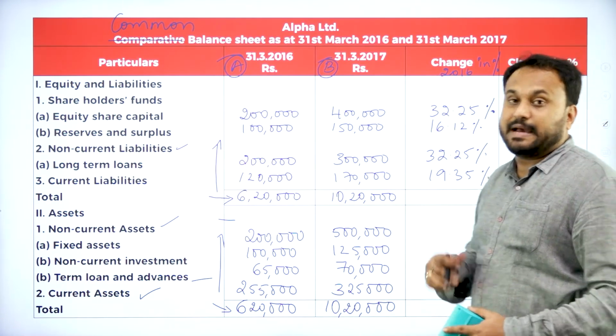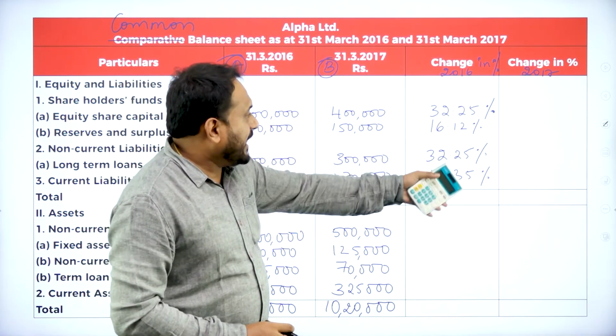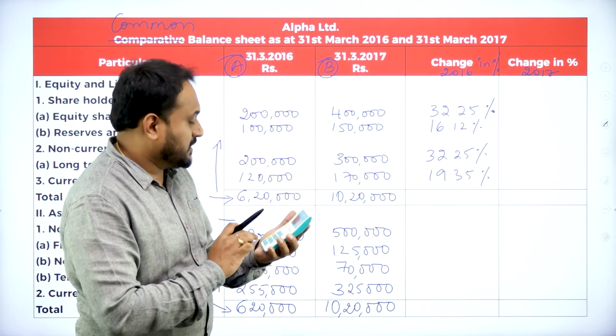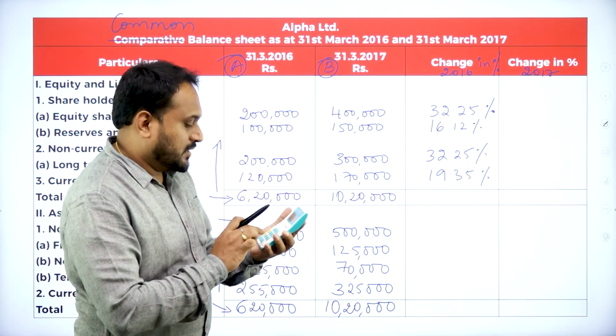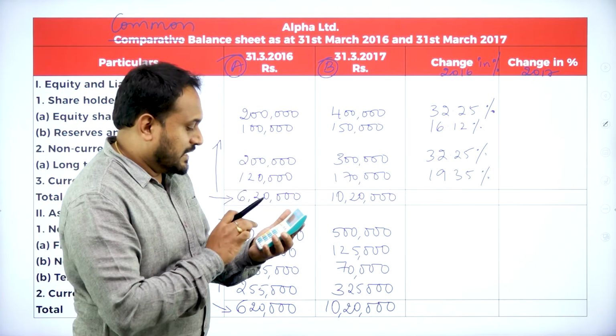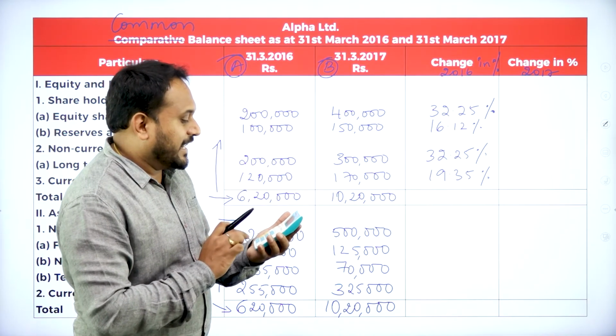Now understand the magic here. Add all these percentages: 32.25 plus 16.12 plus 32.25 plus 19.35 is equal to 99.97.